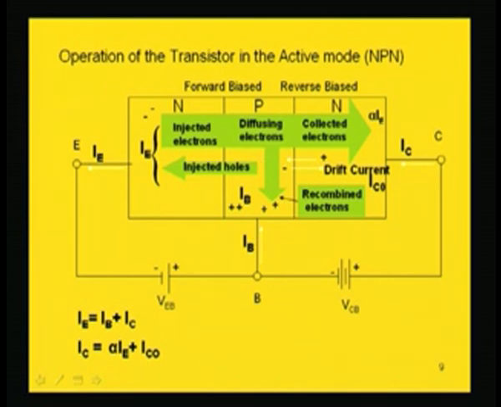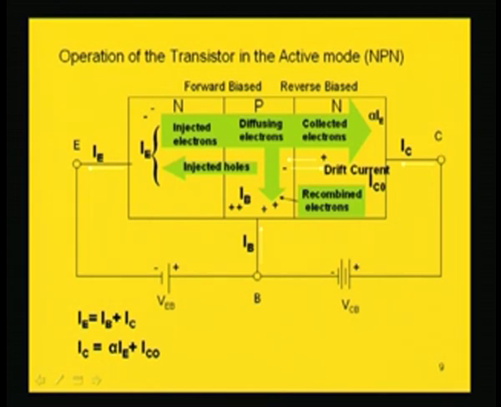reaching the collector. So, that part is alpha times IE, due to those electrons which are reaching the collector, starting their travel from the emitter after recombining in the base region to a certain extent. Maximum maybe 5% recombination may take place.